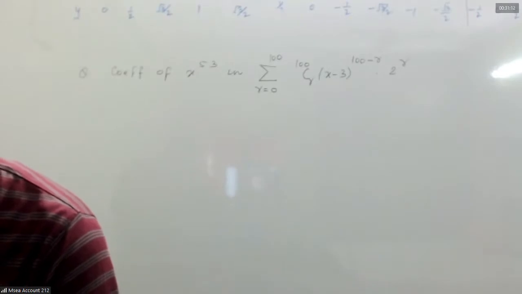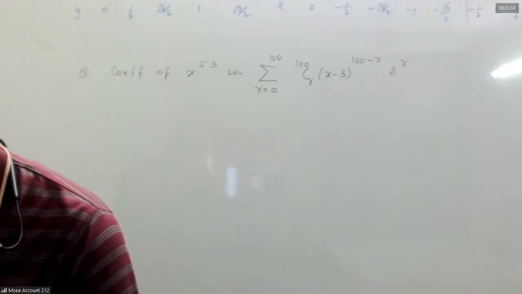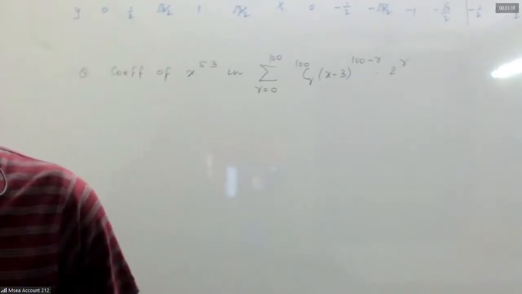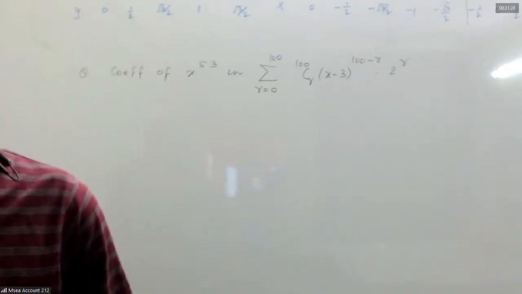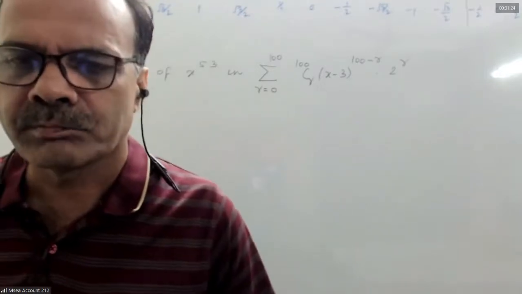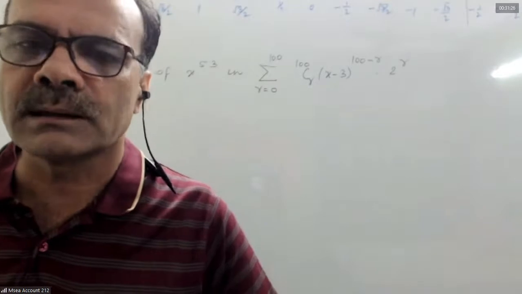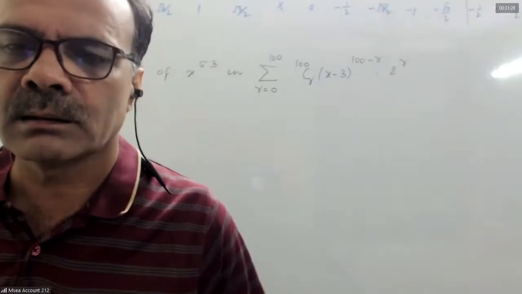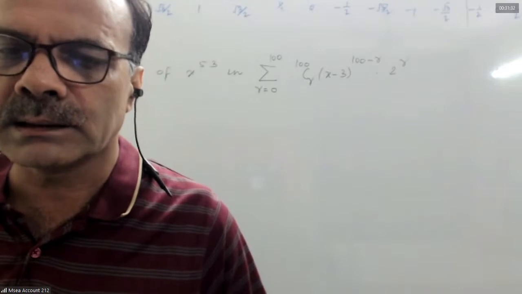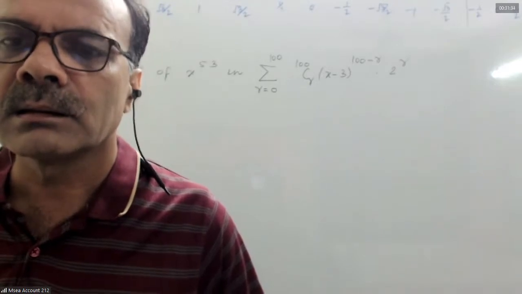Yes, sir. Got it. 100C47. That is same. 100C47 or 100C53, what is the difference? nCr equal to nC(n minus r). Isn't it? Yes, sir.